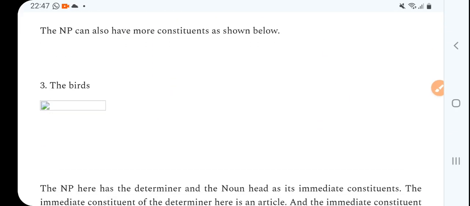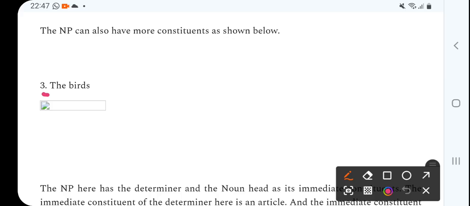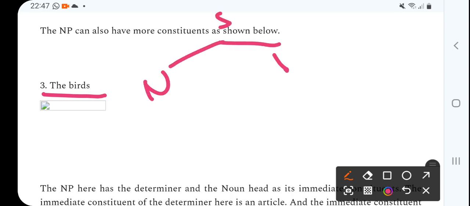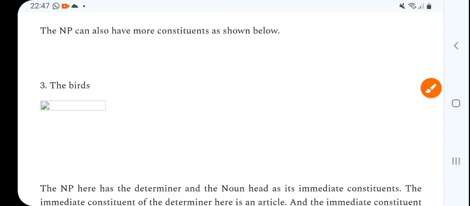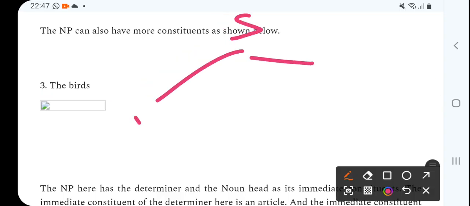The noun phrase can also have more constituents, as shown below. Here the noun phrase is "the birds", so the sentence is "The birds fly", or "The birds flies". So: sentence, then noun phrase and verb phrase.